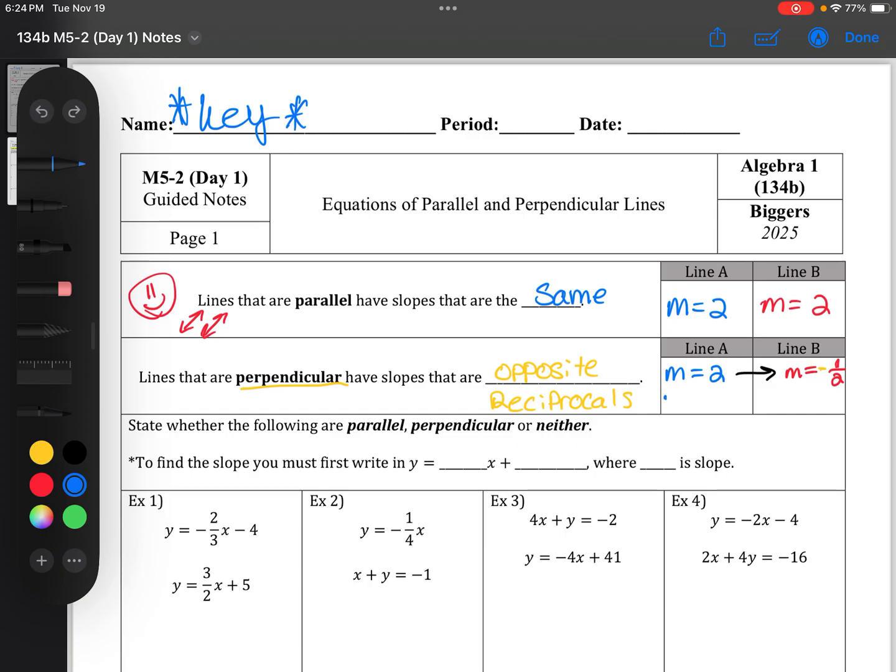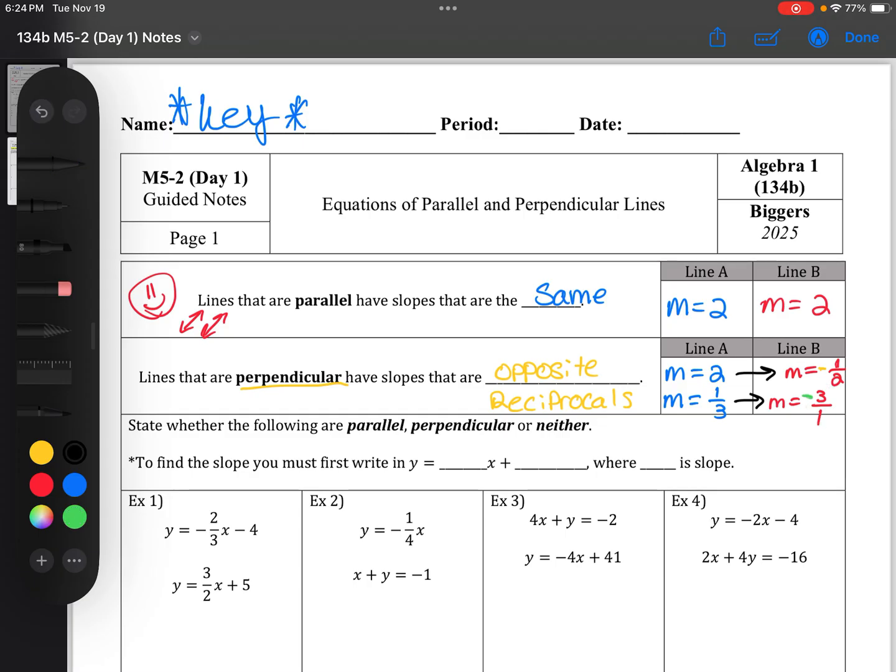I'm going to do one more example. If line A had a slope of, let's do 1/3, okay? The opposite reciprocal, it needs to flip it back over a fraction. So the slope would be 3 over 1. Since 1/3 is positive, the 3 over 1 needs to become negative.